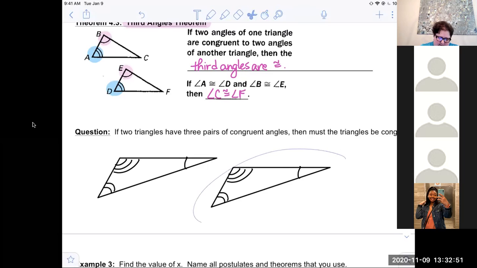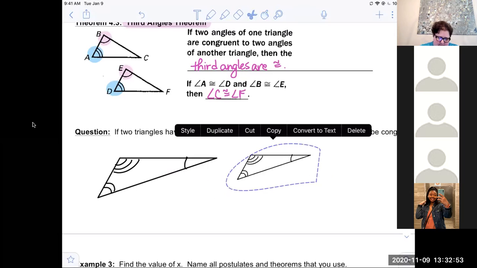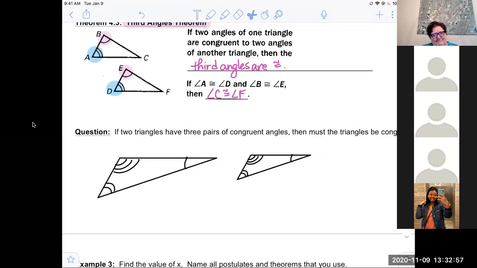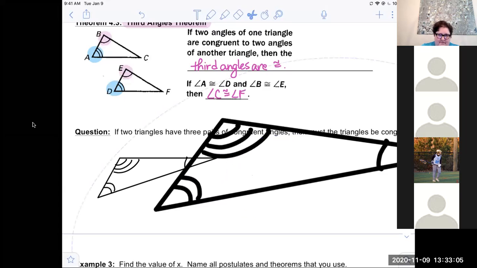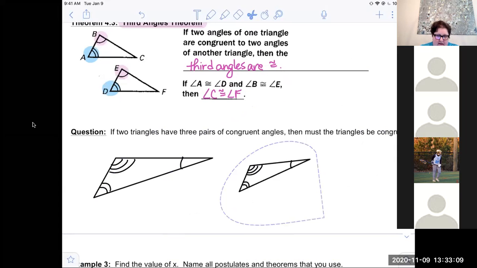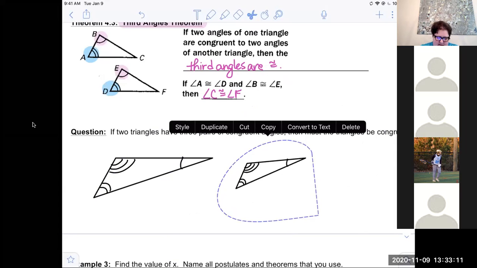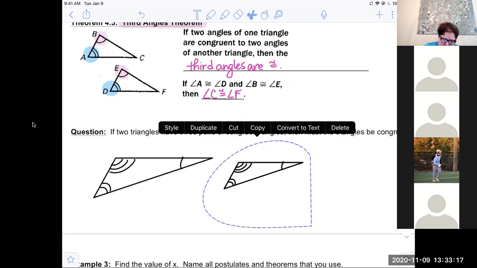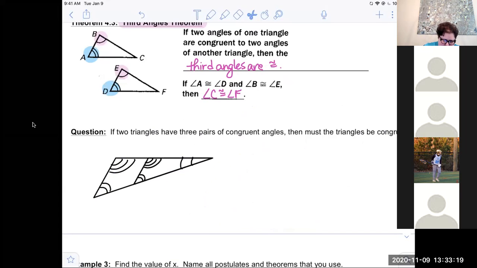What if I do this? Are those triangles congruent? Or I could do this. Those triangles are not congruent because why? Because I can still rotate it a tad and check that those angles match up.